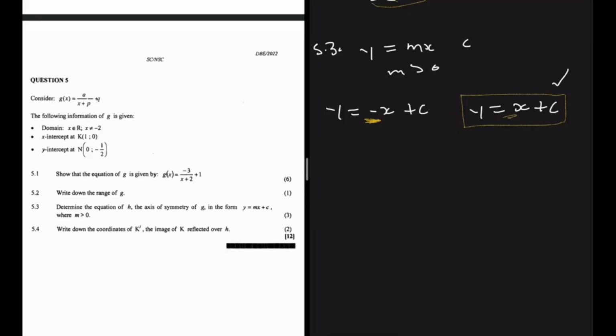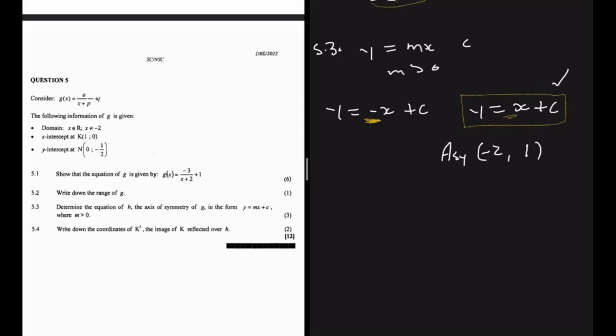You substitute where the asymptotes meet. So we know that the vertical asymptote, which is the x, counterintuitively so, is minus 2, and the y is 1, which is the horizontal asymptote. If we substitute where the asymptotes meet, then we can determine the value of c of the axis of symmetry. That is because the axis of symmetry is going to pass through where the asymptotes meet.